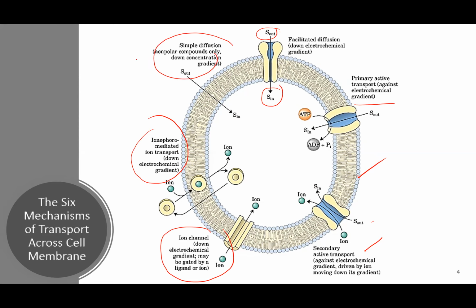So starting from simple diffusion, facilitated diffusion, primary active transport, and then exchange transport, importer, and then the ionophore mediated. Six different ways the molecules move across the cell membrane in various scenarios.